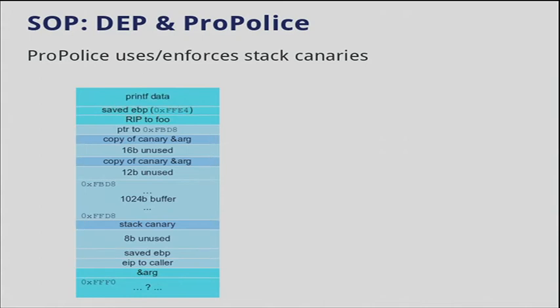The GCC implementation of ProPolice uses the stack canary at the end of the buffer to check for a buffer overrun and copies the arguments to specific locations in the stack to ensure that the following functions can always use the correct value of the parameter.